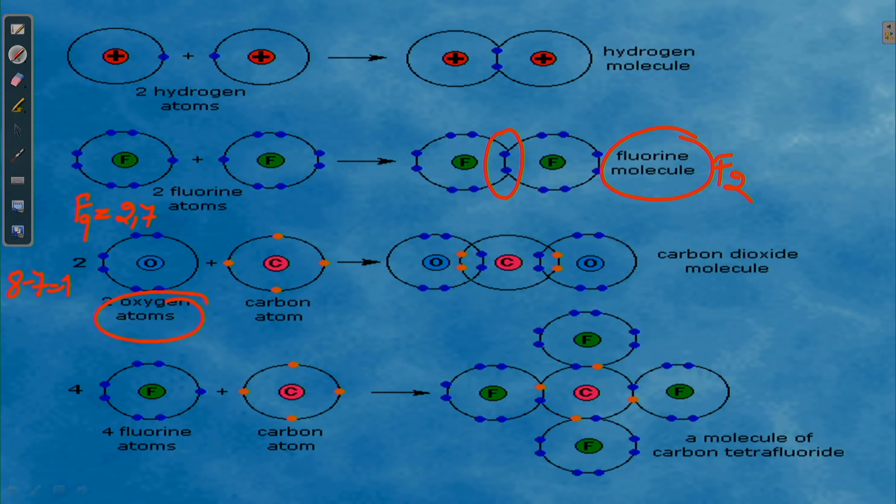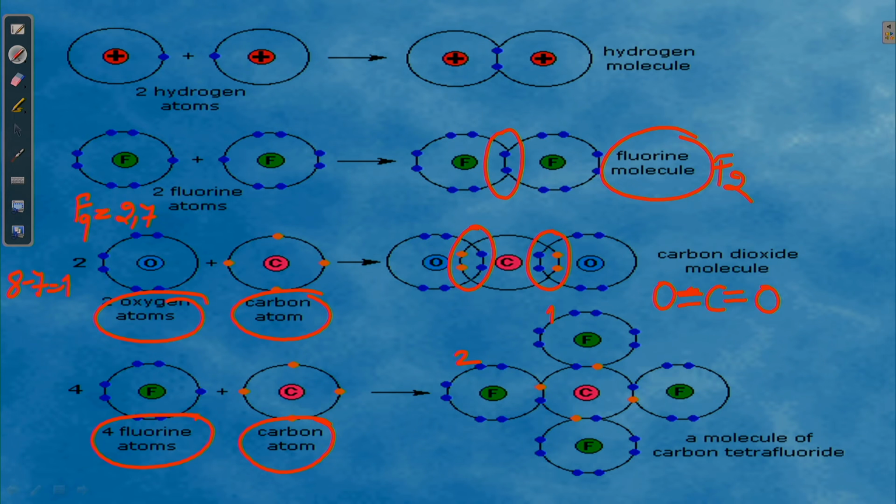This is the next example, oxygen and carbon atom. So, 1 carbon and 2 oxygen combine together to form double bonds, and now we can say that the structure of carbon dioxide is C double bond O, double bond O. Next is the example of CF4, that is carbon tetrafluoride, where 1 carbon gets combined with 4 fluorine atoms.